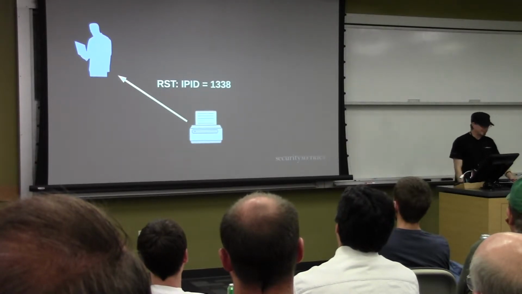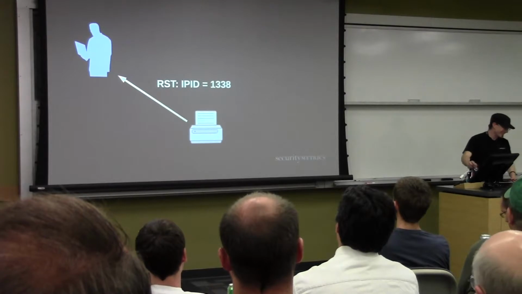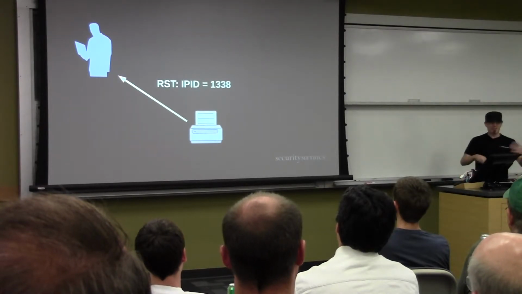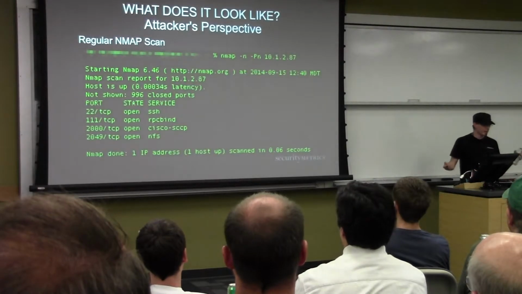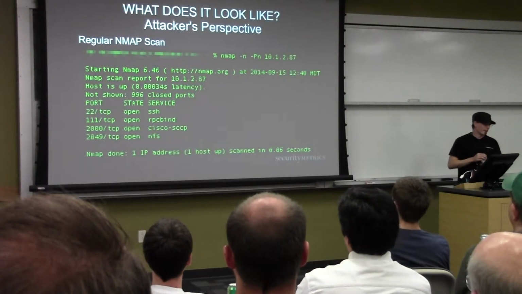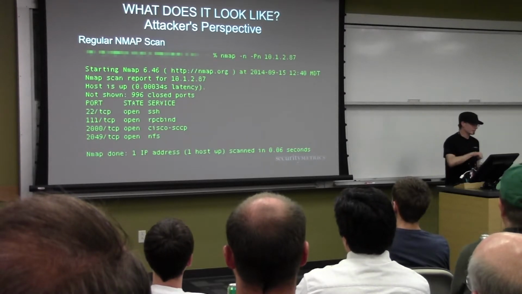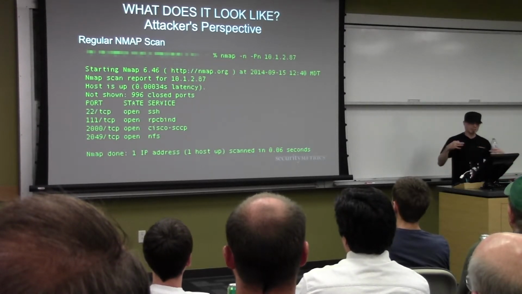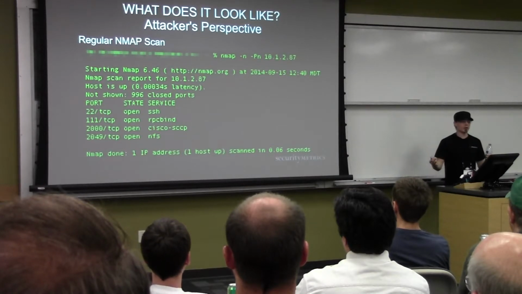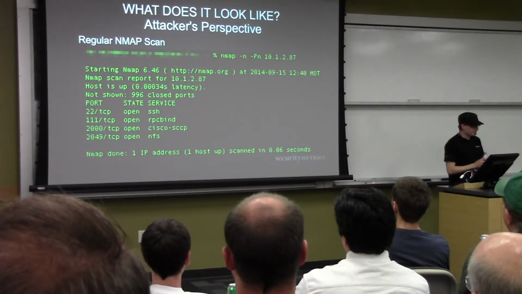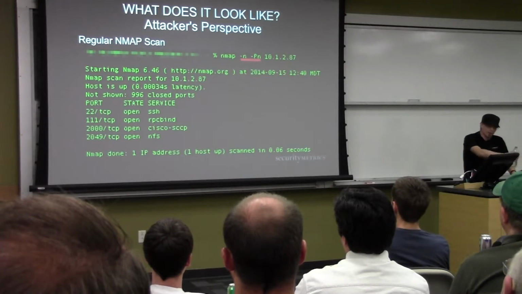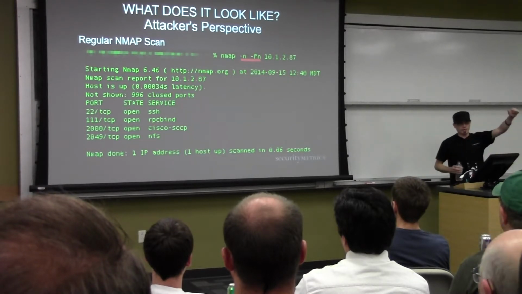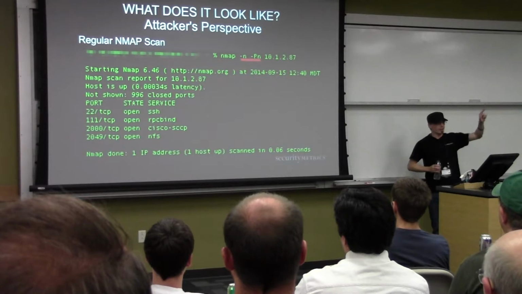So from there, we're going to get into what it actually looks like in real-world applications. This is from the attacker's perspective. I actually did this on a live network, just a real-world scenario. A couple things to make note of here: first is the two flags at the top, the no ping and the no DNS resolution.